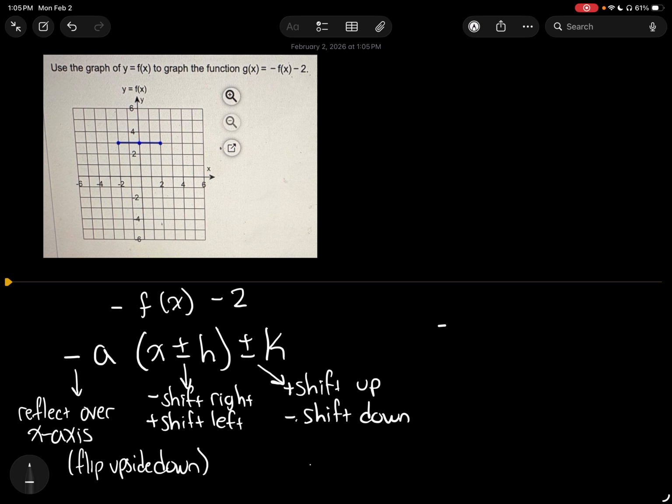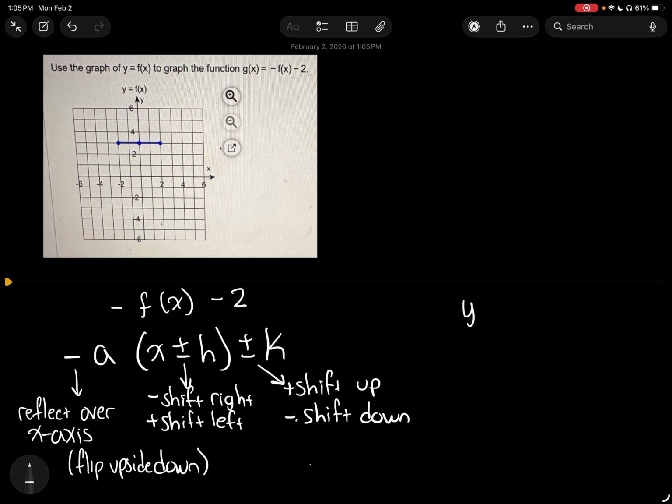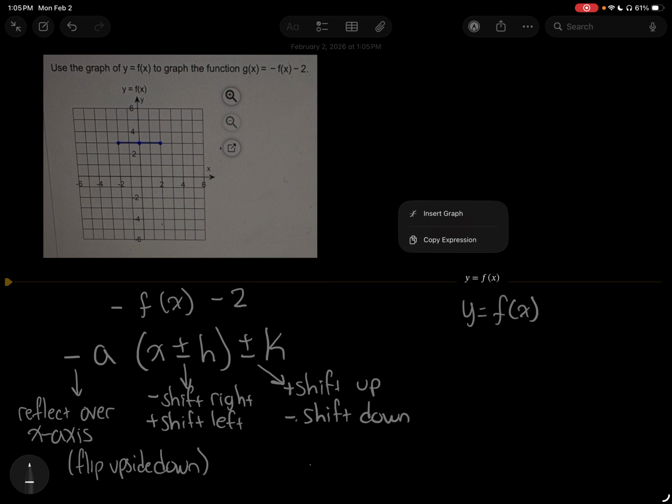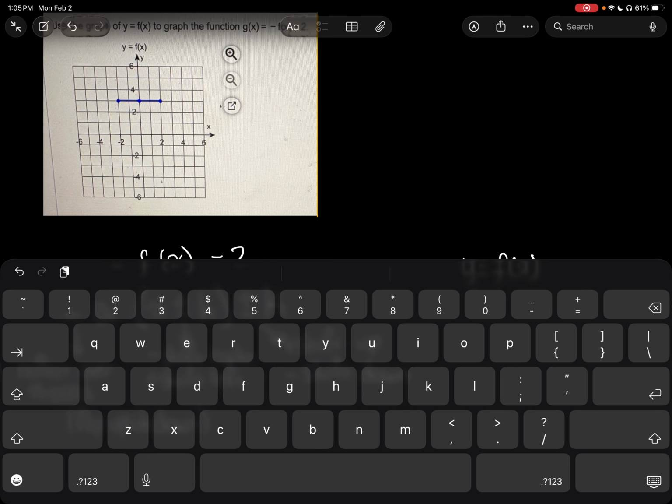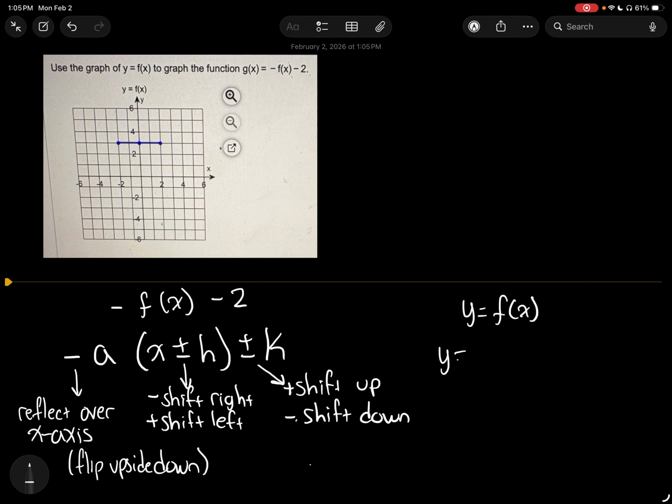So if I have this negative on your graph, y equals f, that is your original graph. That is what we have. It's the one that they drew for you in the blue. The one they gave you next is negative f of x minus 2.